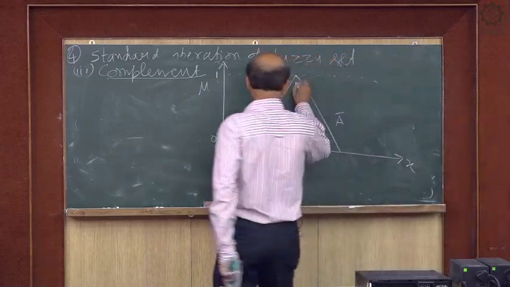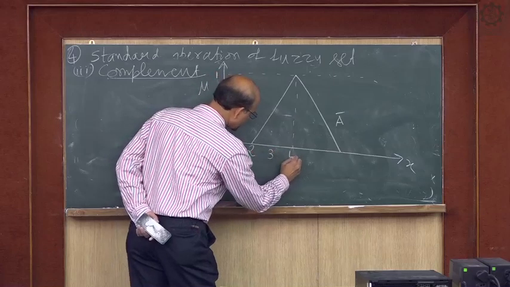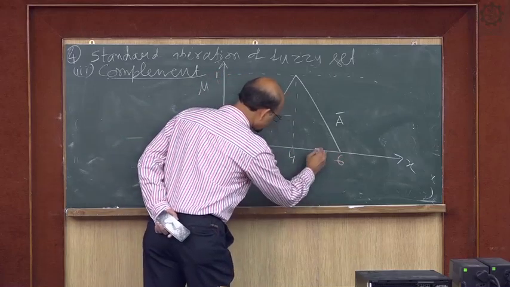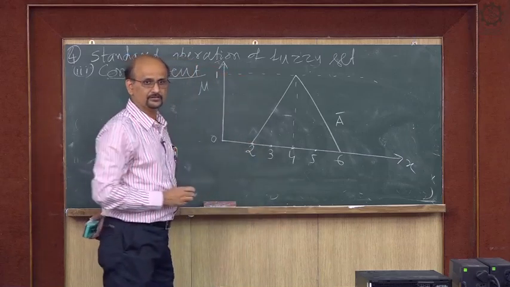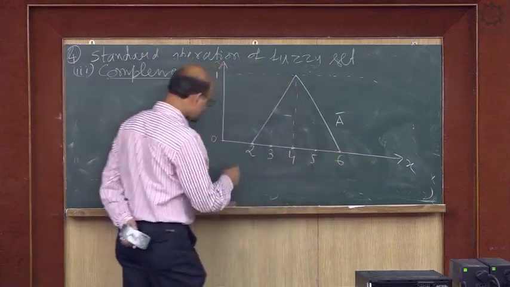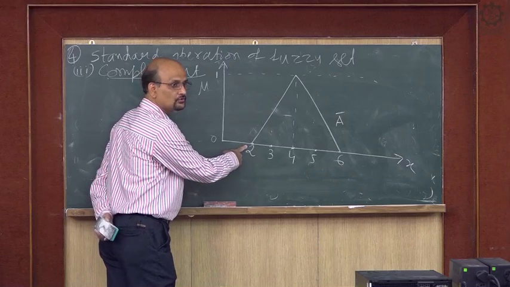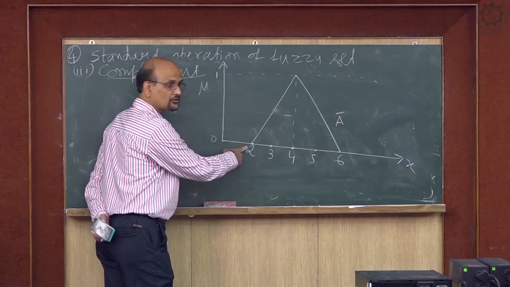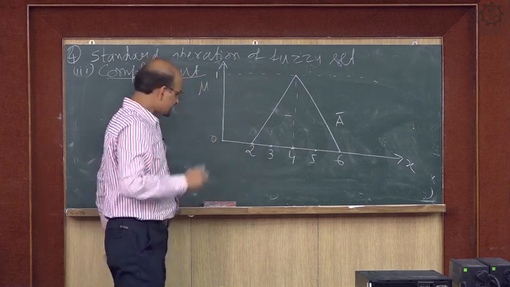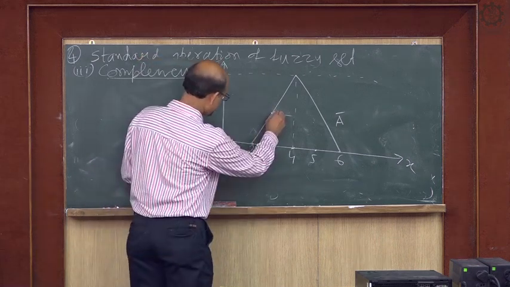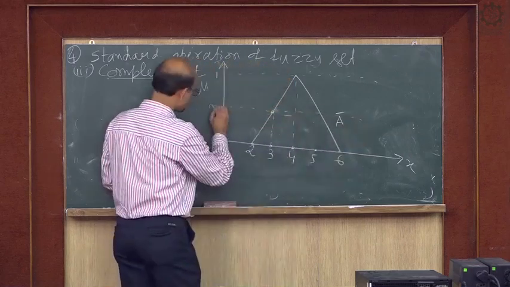Suppose this fuzzy set I have from 2, 3, 4, 5, 6, these are x points. As per this fuzzy set, what is the membership function for 2? It is 0. For 3, I can say it is 0.5, more or less.